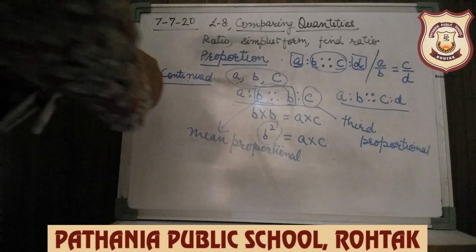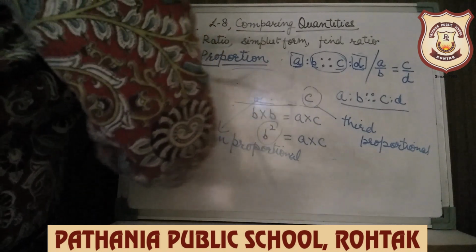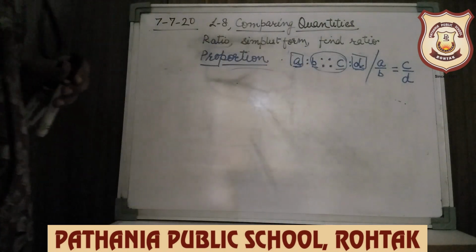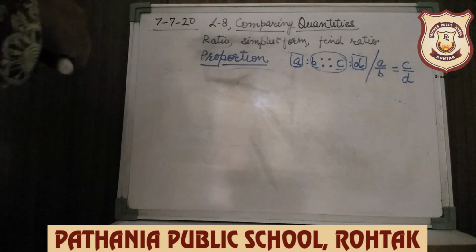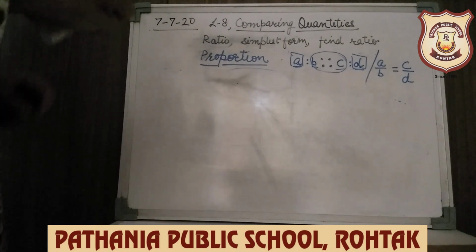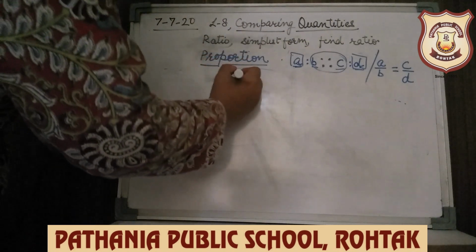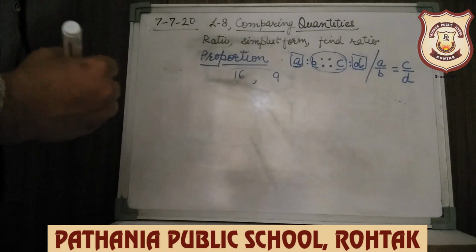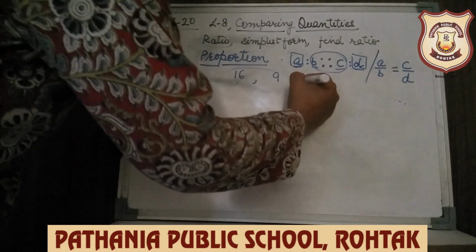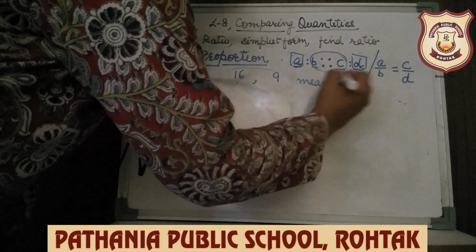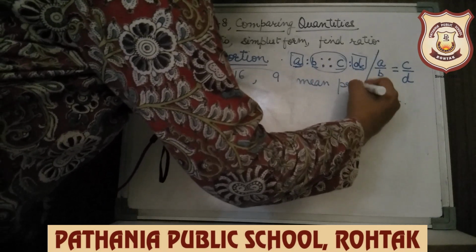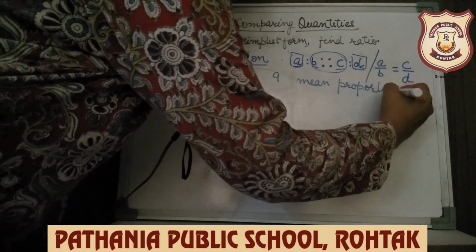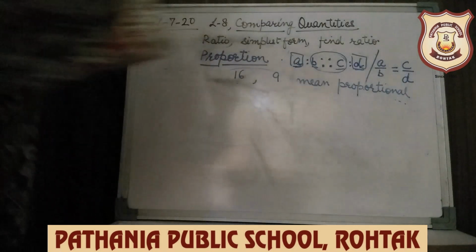Now, if I give you a question where you have 2 terms, 16 and 9, and you have to find the mean proportional, what do you have to find? The mean proportional. Now how will you do this?